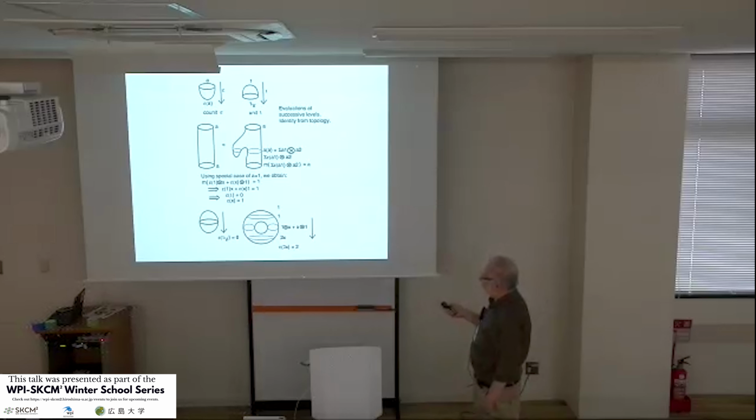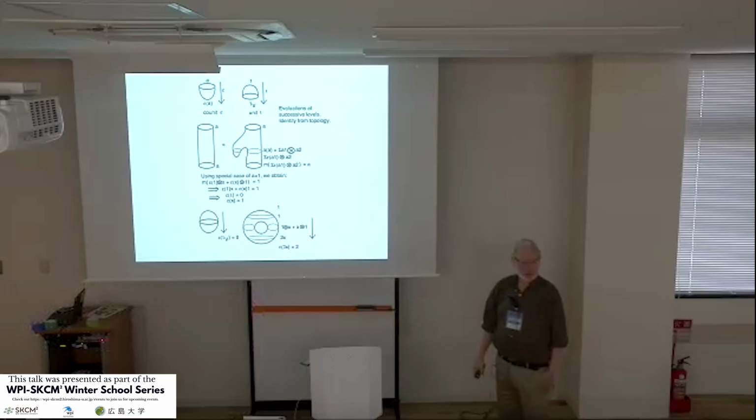So if you took A equal to 1, then you would get 1 tensor x and x tensor 1, and then you would multiply: epsilon of 1 times x plus epsilon of x times 1 should be equal to 1. Oh my gosh. Well, we could have that happen if epsilon of 1 was 0 and epsilon of x was equal to 1. And now we found out what epsilon should do.